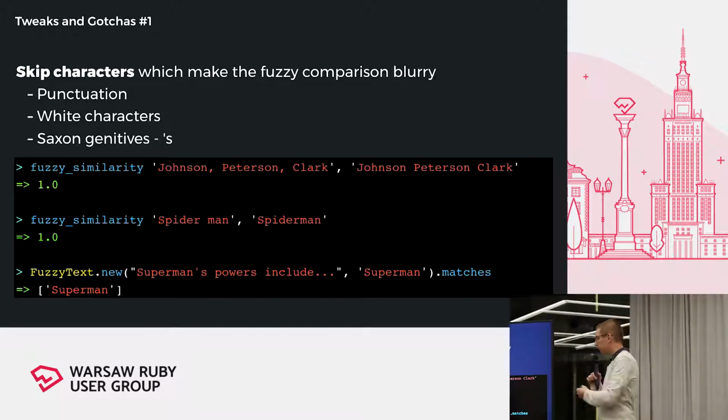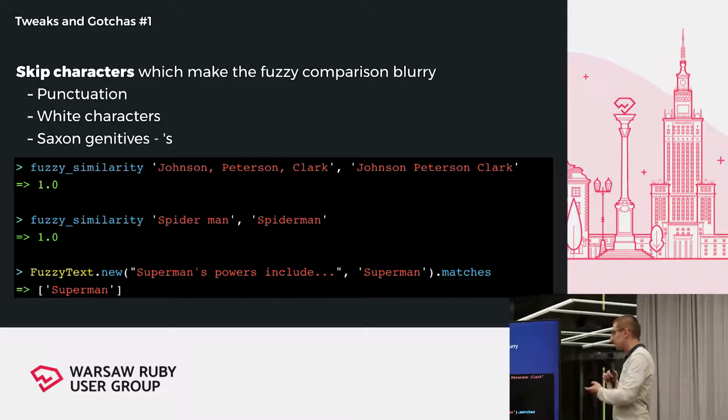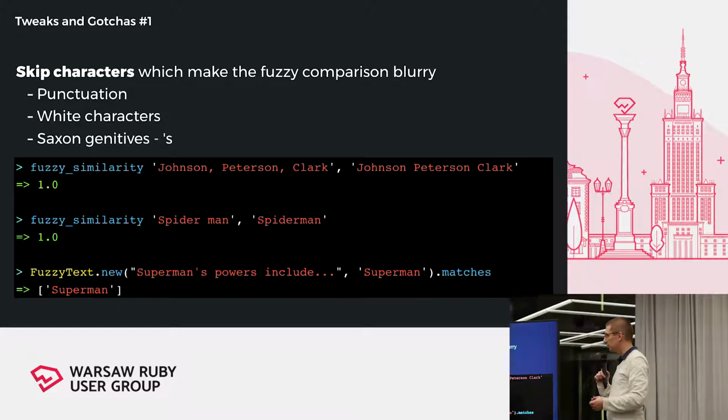When you're looking for Superman, in the sentence Superman's powers include, you might want to think that the Saxon genitive, apostrophe S, is not something that you really want to return. Because in fuzzy terms, this would match, there is no space between those, so the algorithm in general wouldn't cut the apostrophe S. However, you might want to think that that's something that could be handled.